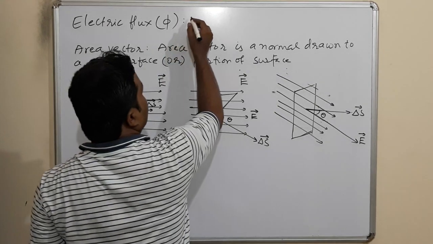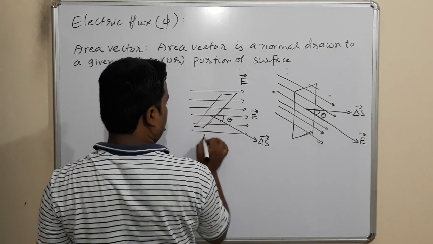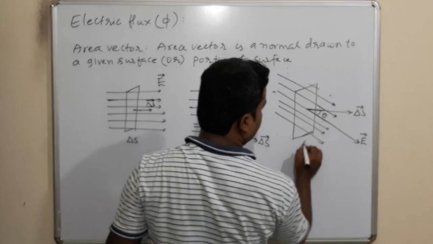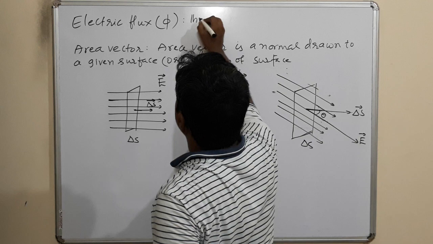What is electric flux? This area I am taking as delta S. Then what is electric flux?